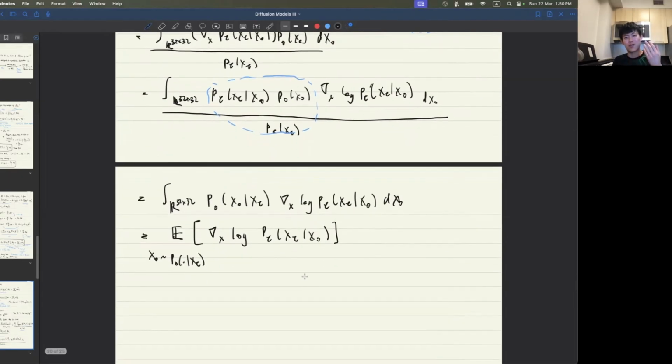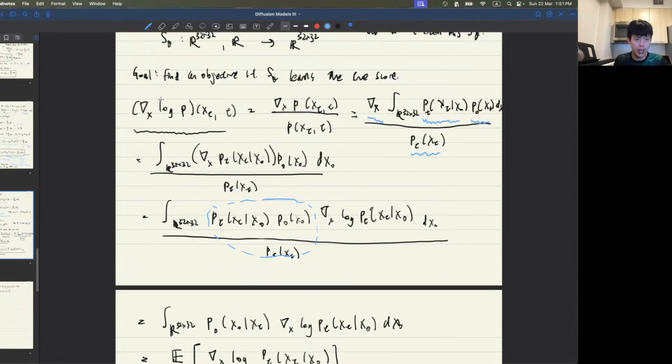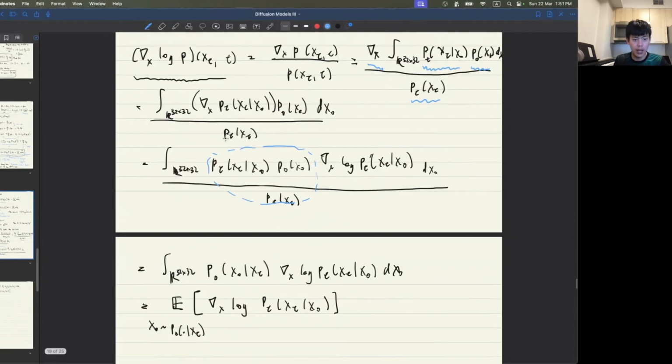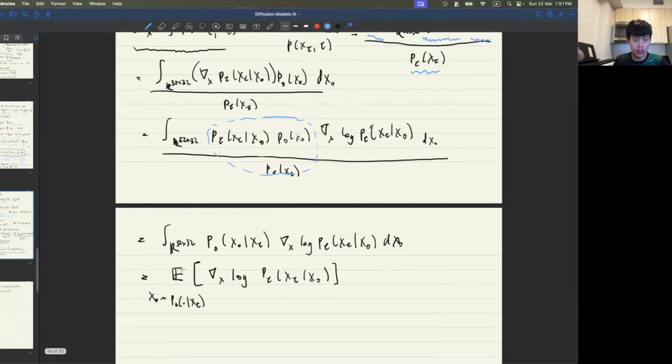We have done a lot of mathematics over here, but now it actually makes sense to use English to say what we have achieved. We have established that the true score at time t is equal to the posterior expectation, right? This is over a posterior distribution. Posterior meaning after you have seen what you can currently see, which is the current state xt, the updated distribution of x0.